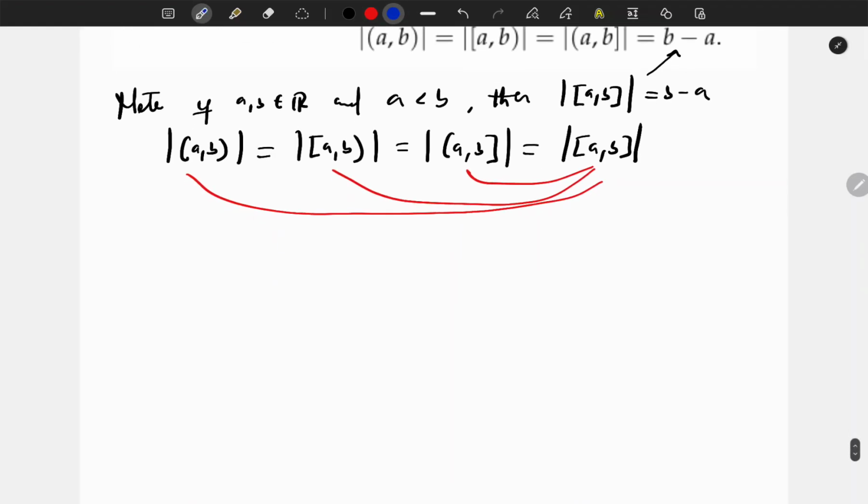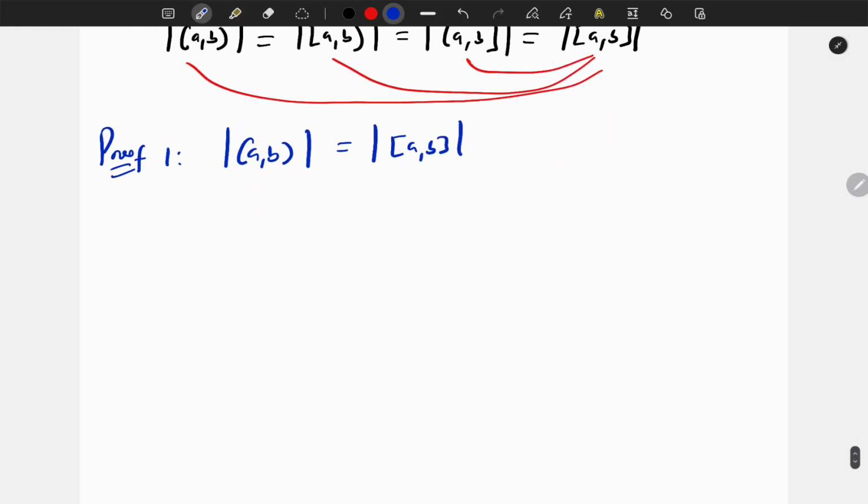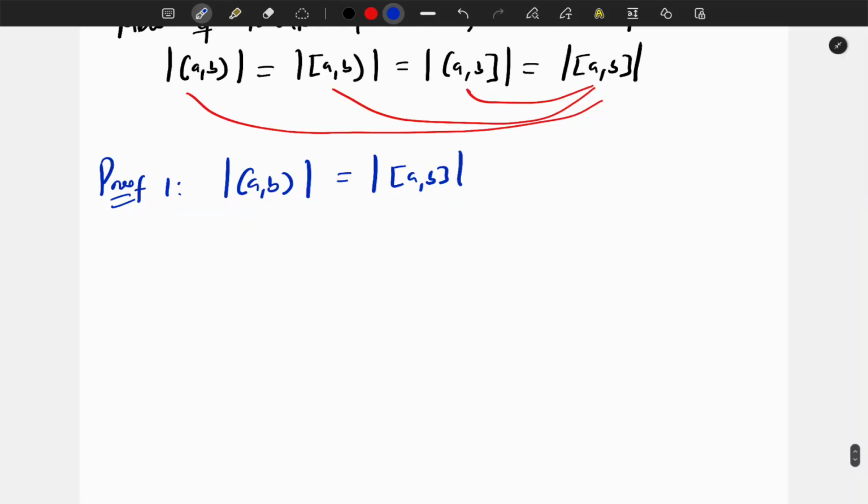First, the proof. Claim that the outer measure of (a,b) is equal to the outer measure of [a,b]. So let's first of all use the inclusion property of outer measure. Since this is (a,b), it does not include a, it does not include b, right?